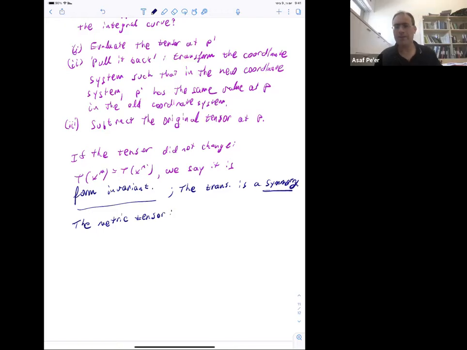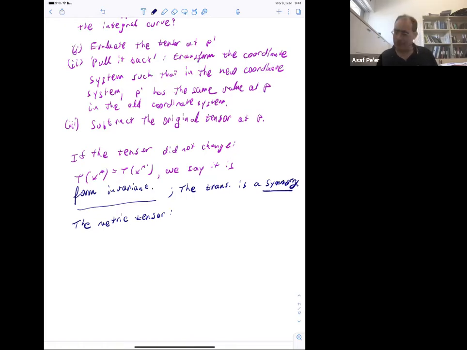If you got the idea, it's much easier for me to see that than to actually give the precise explanation, right? You're taking the tensor here, you evaluate it here, you take it backward, and you're seeing if something happened to the tensor. If something happened, that's the Lie derivative of the tensor. If nothing happened, then you say it's form invariant, which is what we care about, right?